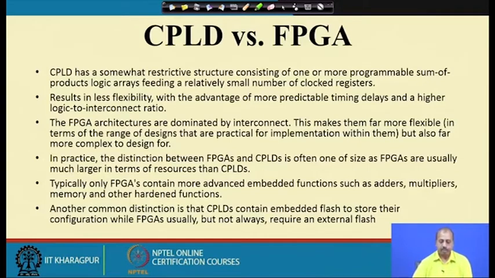So, the point is that this embedded flash in CPLD is good, because you do not need an external flash, but at the same time it stops you from getting reprogrammability. So, if I have an external flash for this programming purpose, I can just change the configuration program in the external flash, and we can get a new functionality realized by the same FPGA chip, which is not true for CPLDs.